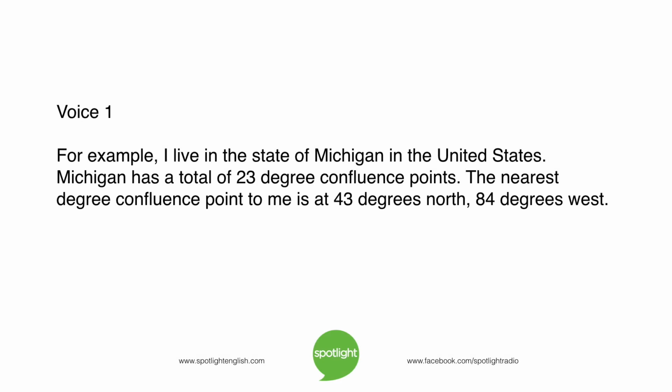For example, I live in the state of Michigan, in the United States. Michigan has a total of 23 degree confluence points. The nearest degree confluence point to me is at 43 degrees north, 84 degrees west.